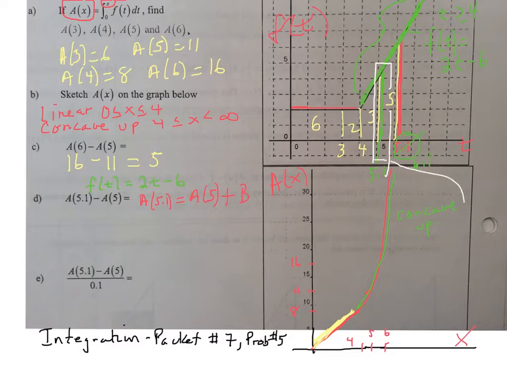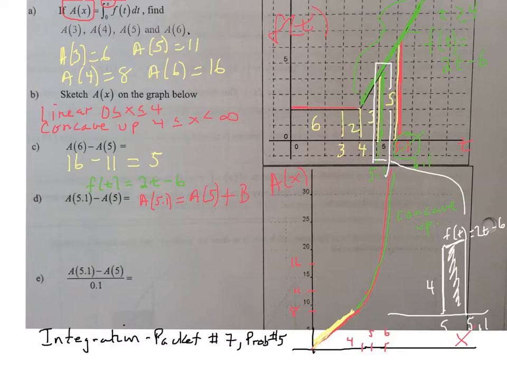So if I highlight this section and we think about what we have there, we have our value of the function at 5, which, since f of t is 2t minus 6, then the length here, when it's 5, would be 4. Now if I make this a little bigger, if that's 5.1, really what I have is a trapezoid, okay?